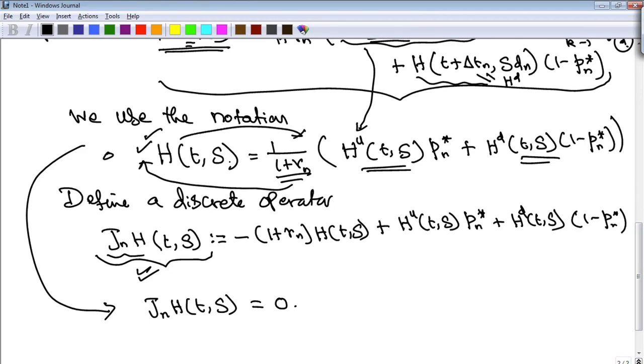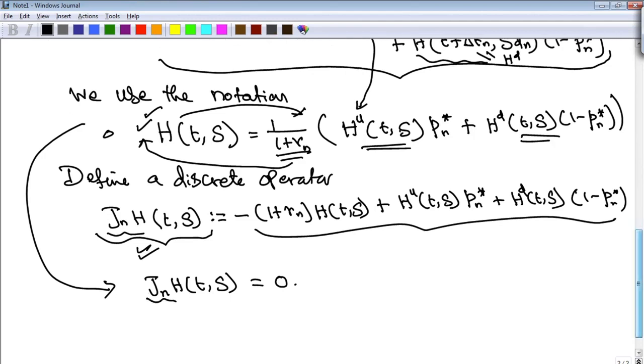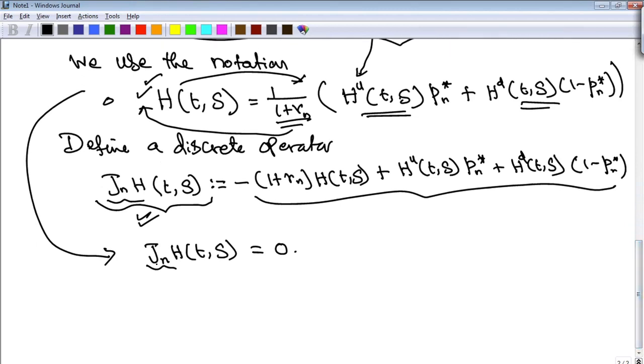Therefore, this side is equal to 0, and you have the expression same as what is written here. Therefore, your discrete operator, when it operates on the function h, gives a function which is actually a zero function. It means it happens for all s and t. Now, what are we going to do with this operator J? Okay, let us take n tending to infinity with this operator J and see what happens.